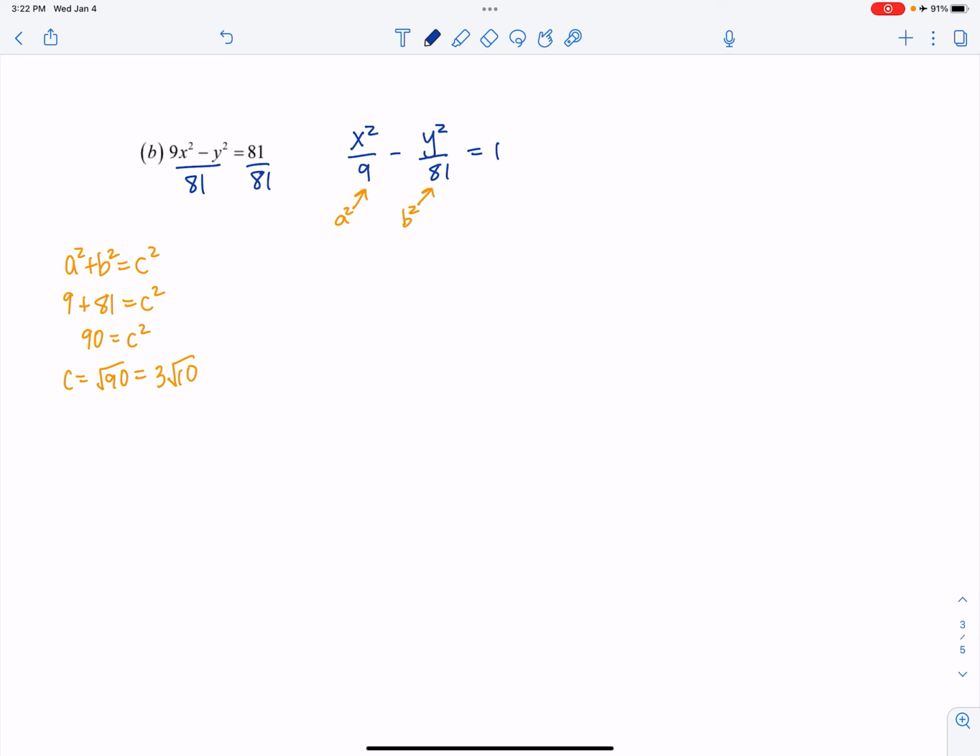All right, center. Based off of this formula, it's at 0, 0. Our transverse axes is the x-axis. Vertices.